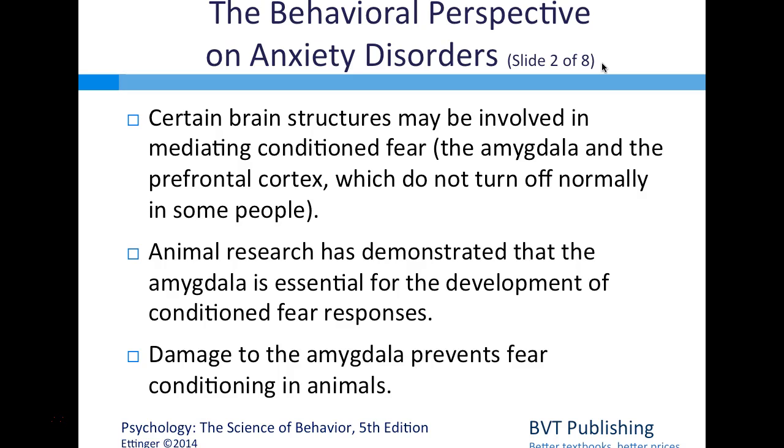So while the amygdala appears to be important in the acquisition of conditioned fear, the prefrontal cortex seems to be responsible for the extinction of conditioned fear. Animals with prefrontal cortex damage fail to extinguish conditioned fear when the unconditioned stimulus is no longer presented. People with post-traumatic stress syndrome also show a failure to extinguish conditioned fear responses. Perhaps anxiety disorders result when people can no longer turn off or inhibit conditioned fear responses. Okay?